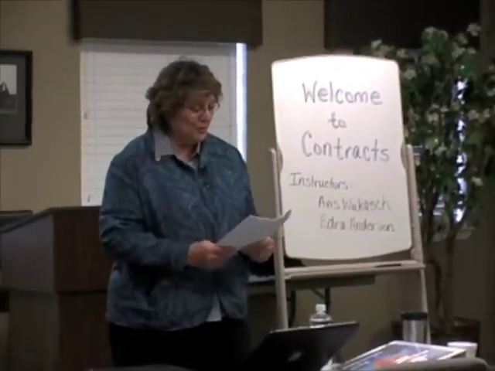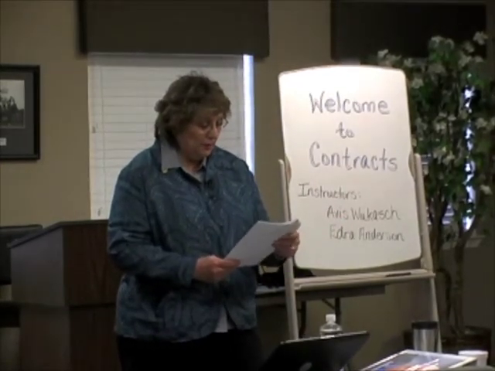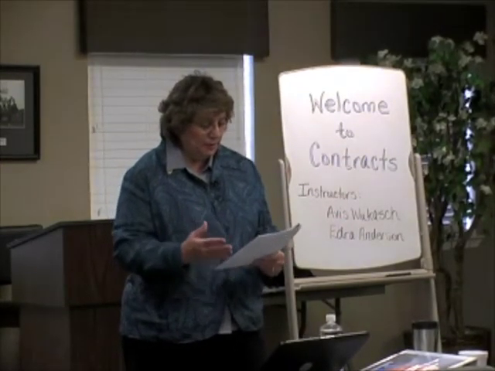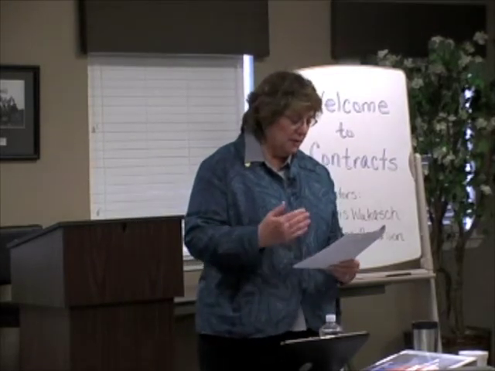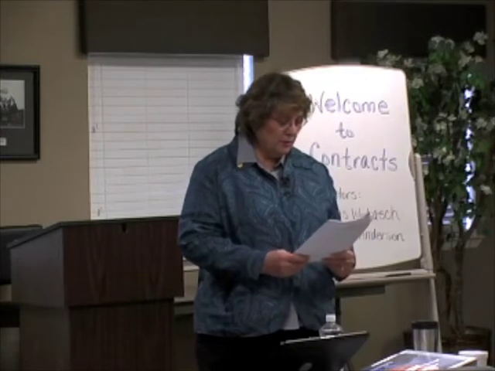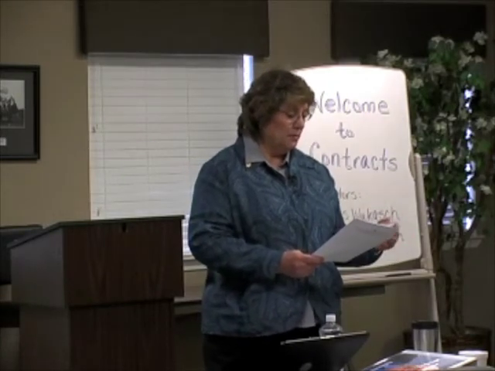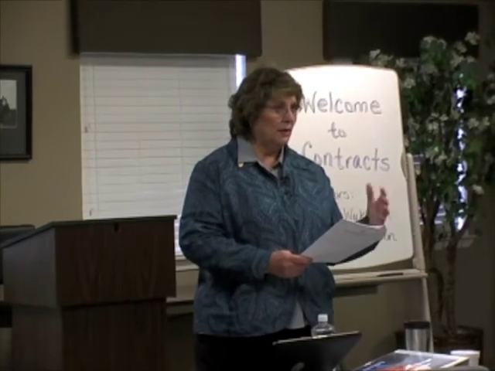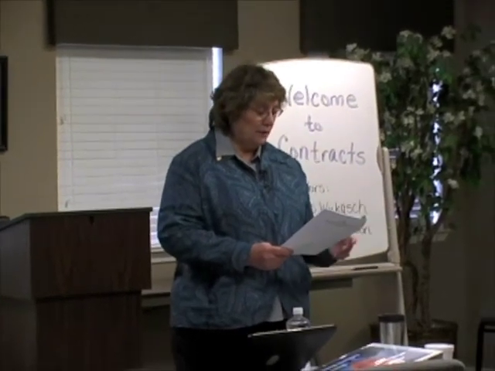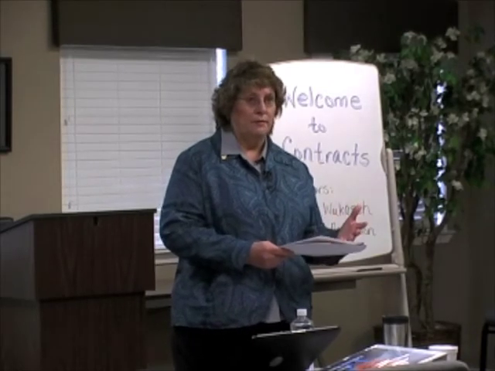Paragraph 2, of course, describes the property that is being conveyed, and we all know, I think, that we would be putting in the legal description in this paragraph as well as the actual address of the property. And if we have a property whose description is more complicated than lot and block and subdivision, you have a provision here to attach an exhibit that would have the legal description.